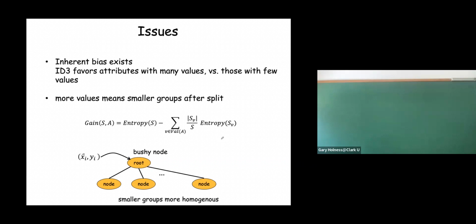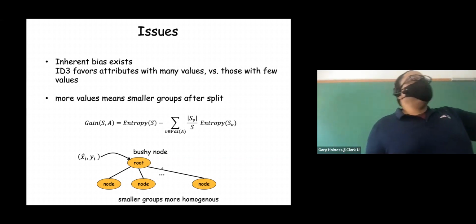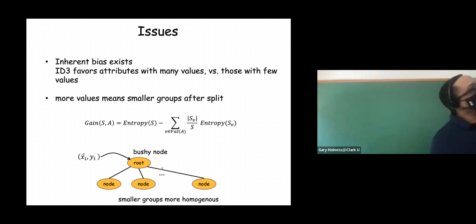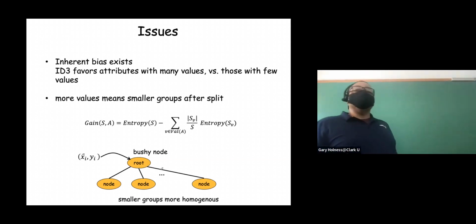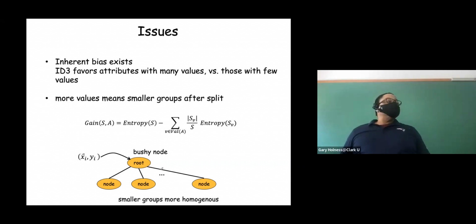Now, on average, you're going to get about 2 data points per subgroup when you do that split based on these values, right? And so the problem is if you have a more bushy node, it means you have more branches coming out of that node, which means if you're checking, is your value cat? Is it dog? Is it mouse? Is it rabbit? And so forth. The resulting subgroups are going to be, by definition, more homogeneous because you have so many ways to divide this finite data set. Does that make sense?